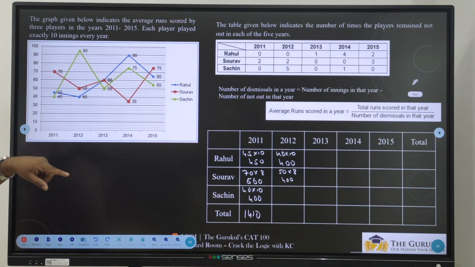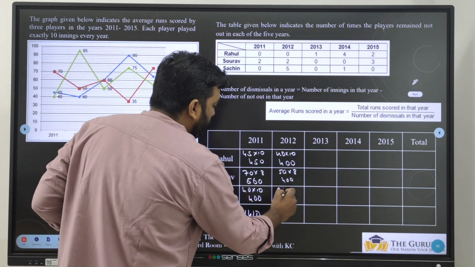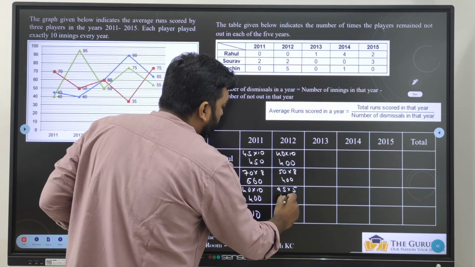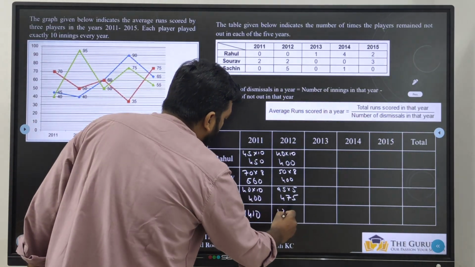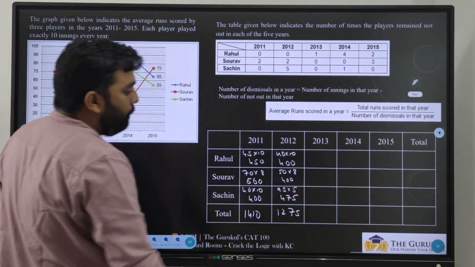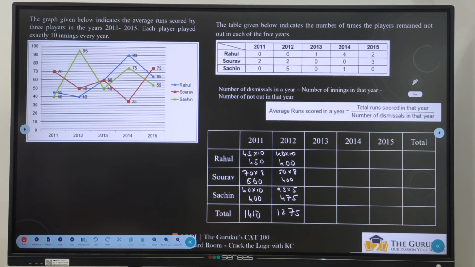So 95 into 5, that is 475. Clear? So like this you need to find all the values and fill up the table. So this value will be 1275. Now pause the video over here, take some 2-3 minutes and fill up the complete table completely.